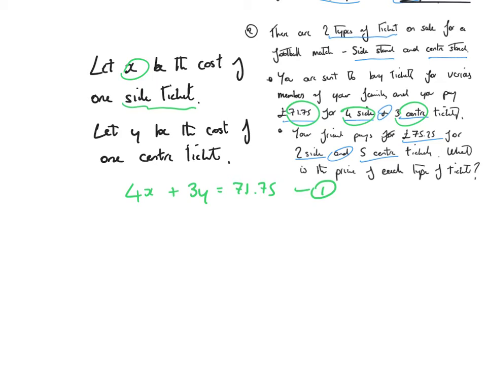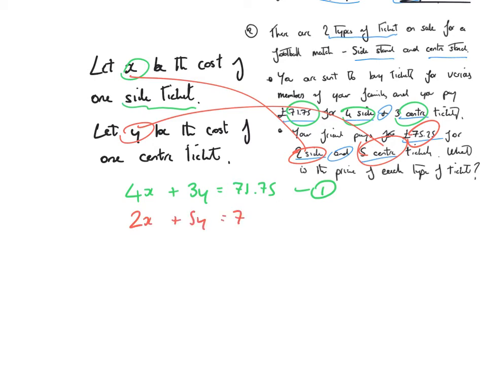Okay, next one. 2 sides plus 5 centres is £75.25. 2x plus 5y equals £75.25. Equation 2.